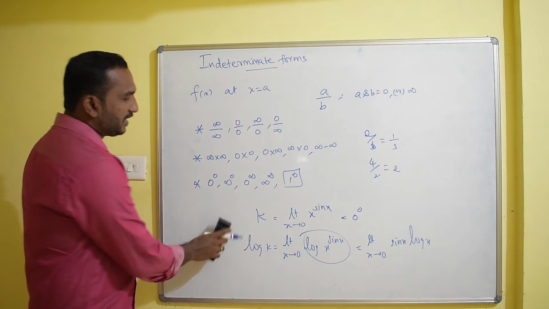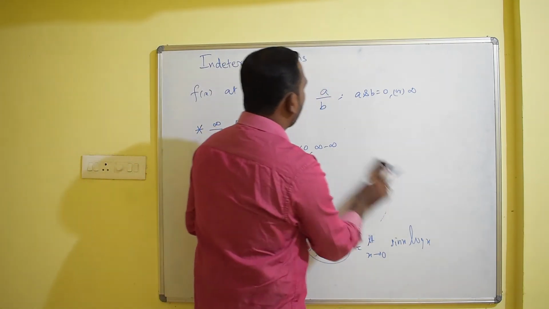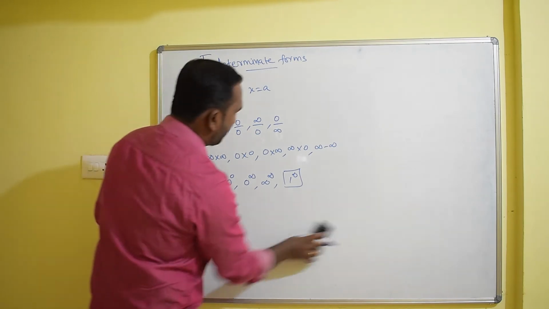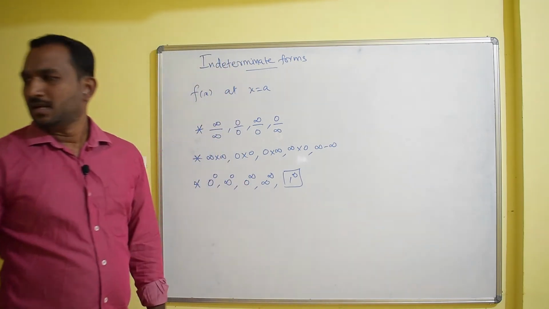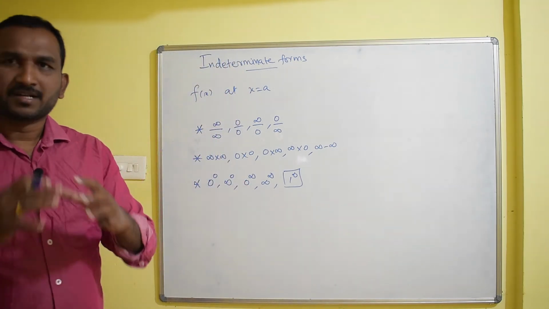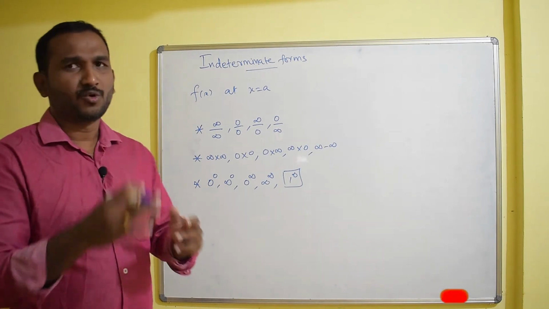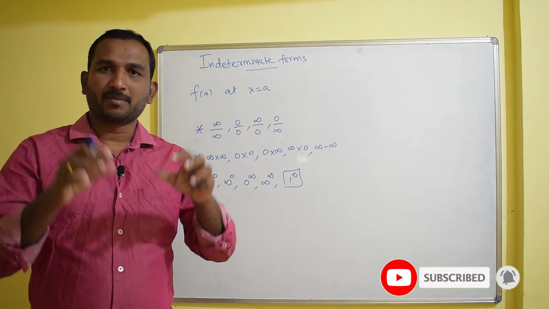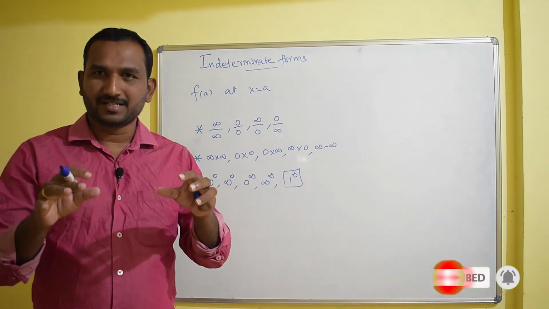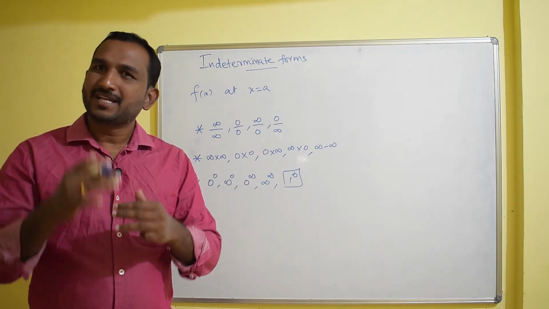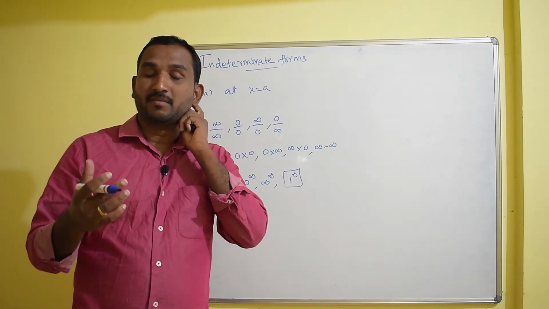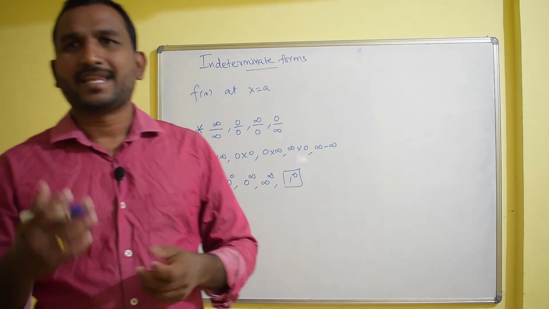And the next thing: to simplify or evaluate any such problem by using L'Hospital rule, we must know some basic results. If you know them, you can apply them wherever they appear in the problem, and you can simplify the problem very easily. If I forgot to apply those results, can I get a wrong answer?